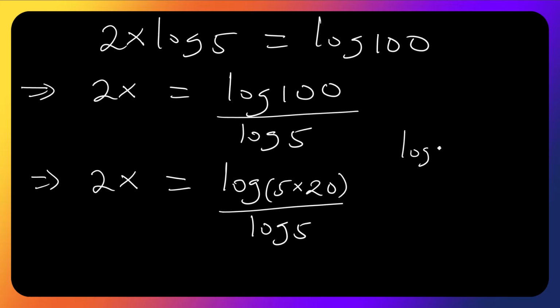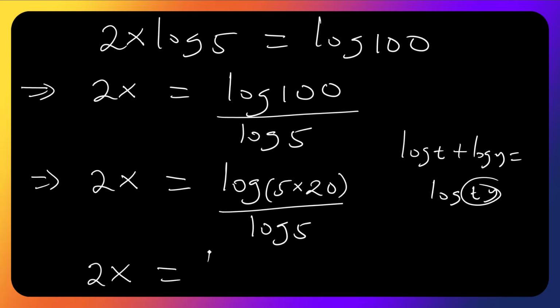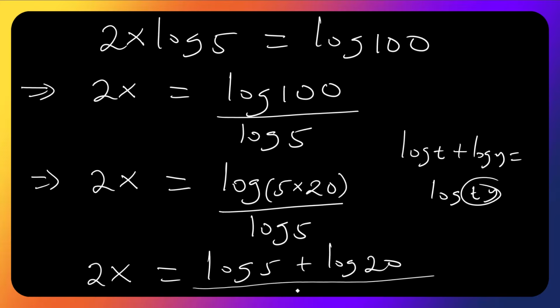Log t plus log y is the same as log ty, the product. So 2x equals log 5 plus log 20 on log 5.